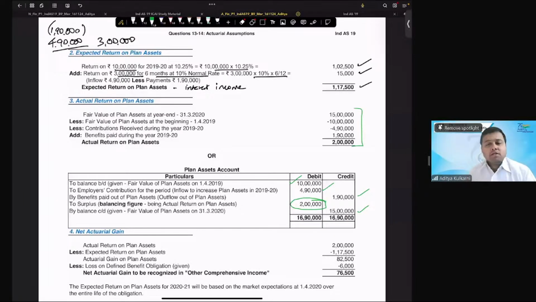Are you convinced about this 2 lakhs? Yes.